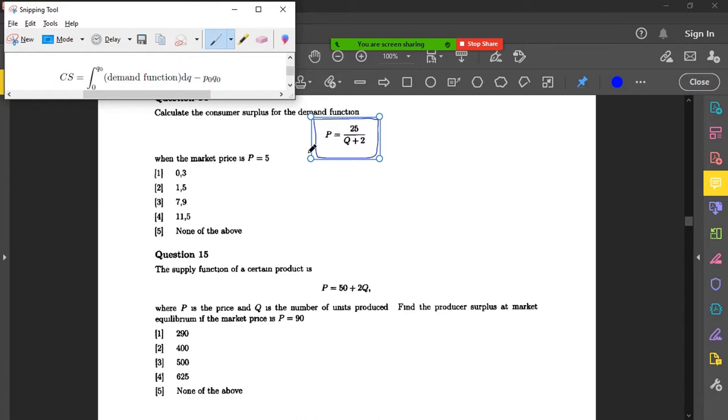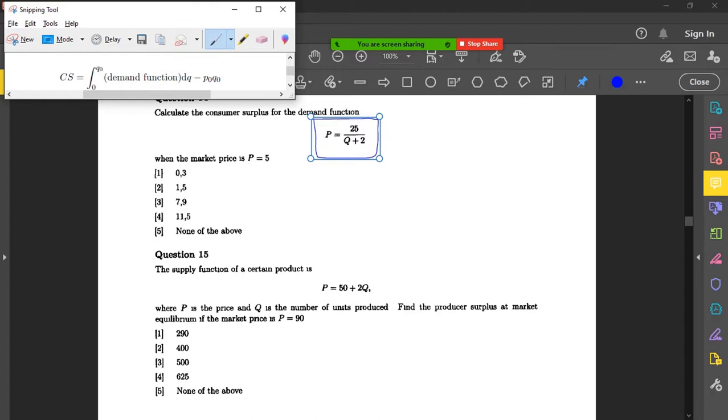Okay, so first I need the DQ, in terms probably of DP. I can't remember, is that 1 over DQ? Yeah. Okay, work through it.